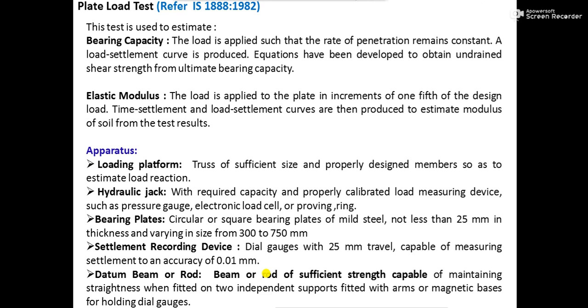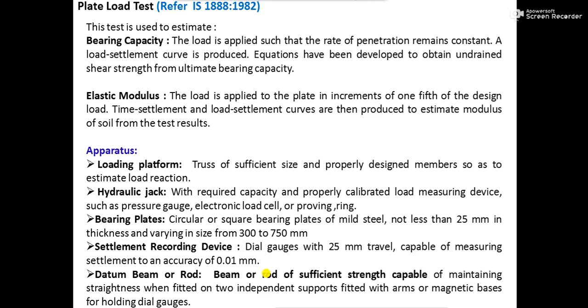Now the next point is the settlement recording device. You should use a dial gauge with 25 millimeter travel, capable of measuring settlement to an accuracy of 0.01 millimeter.